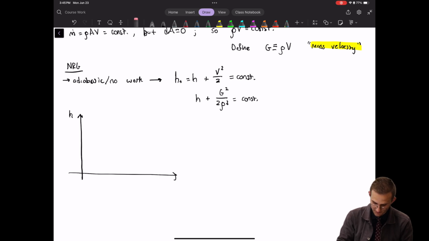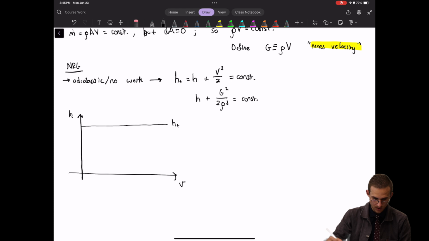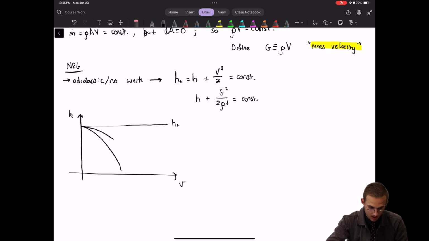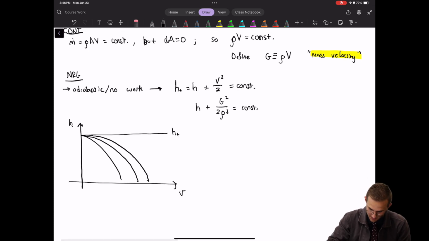H versus specific volume. Our total enthalpy HT is constant, of course. And then we will draw these lines here. These lines that I'm drawing right now are lines of constant G, which is constant for a given Fanno process, right? Due to mass conservation. So this is a G constant line.